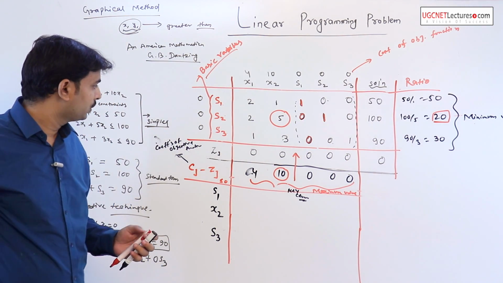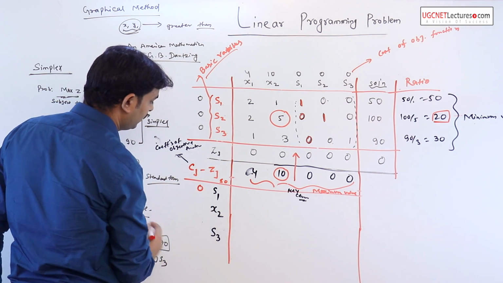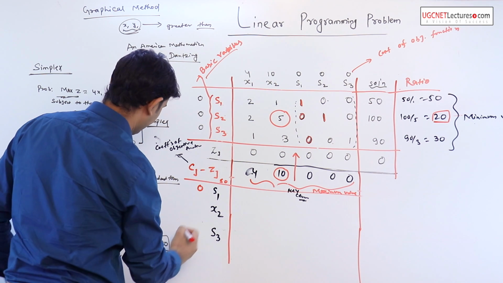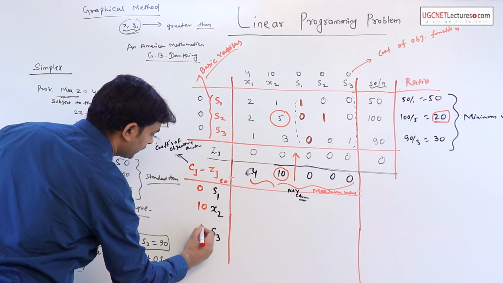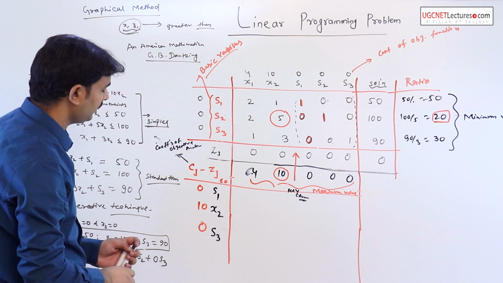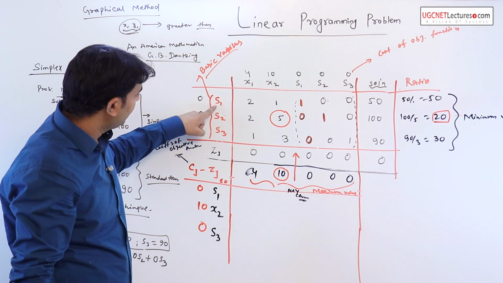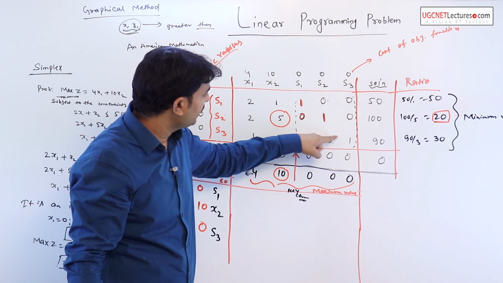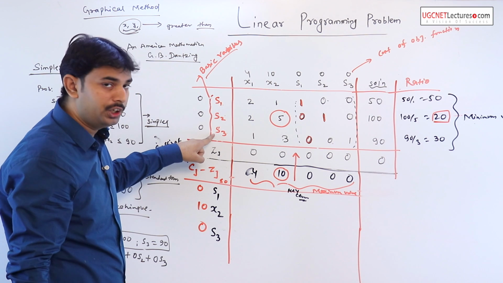As I already told, the coefficient of S1 is still 0, the coefficient of x2 in the objective function is 10, and the coefficient of S3 in the objective function is 0. As we have seen, S1, S2, S3 form the identity matrix in the way these are introduced.